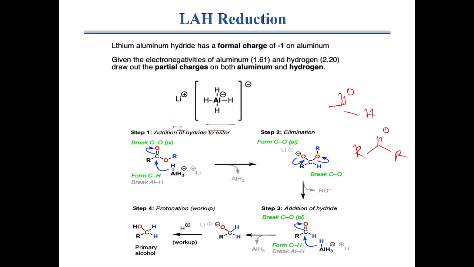This is a ketone, and aluminum is negatively charged. So in this system, aluminum should directly react with the carbonyl compound, but it's not happening because aluminum is a metal.